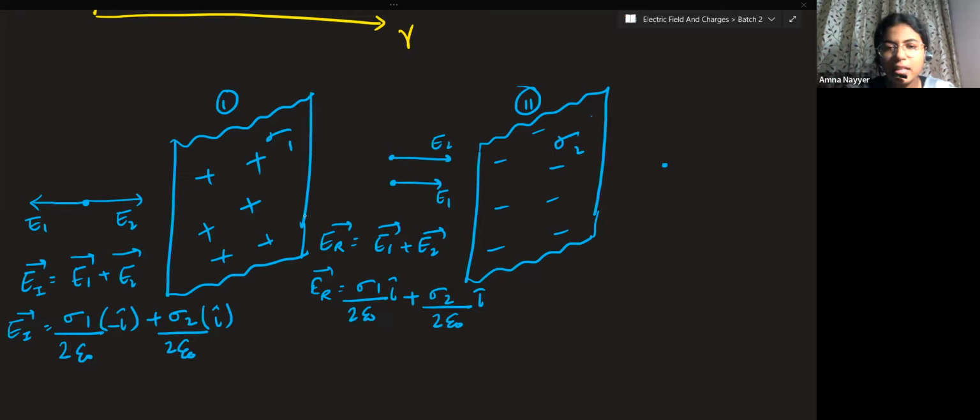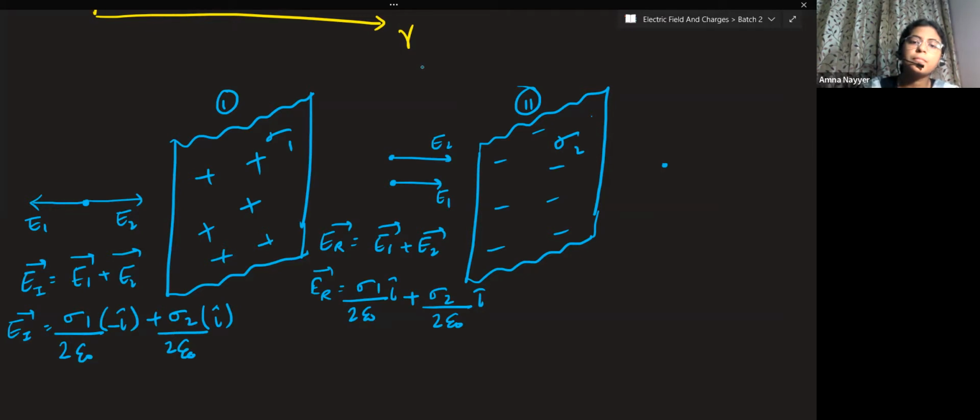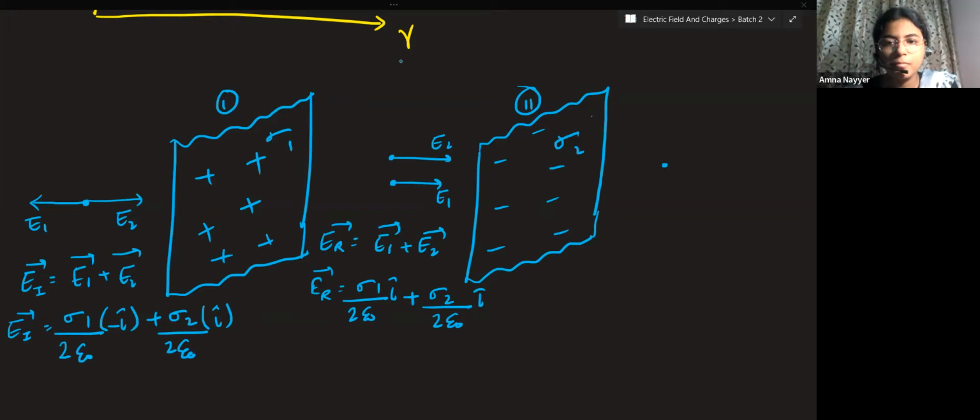See the direction, write the magnitude, and just put the vectors i cap, j cap, k cap. Yes, what will be the net electric field?